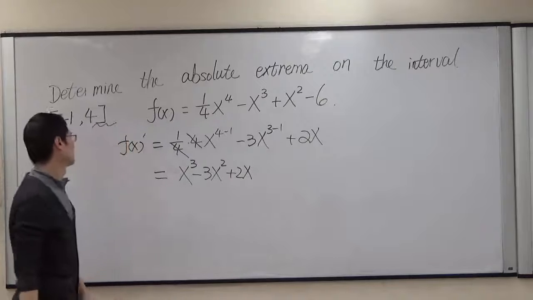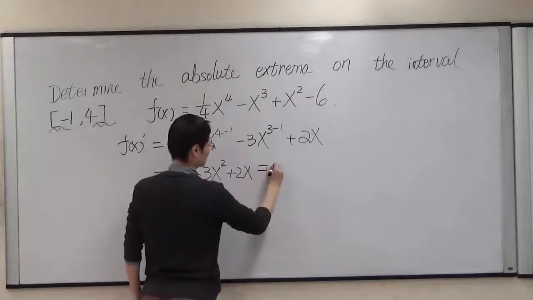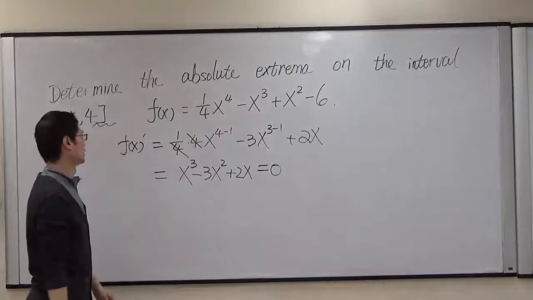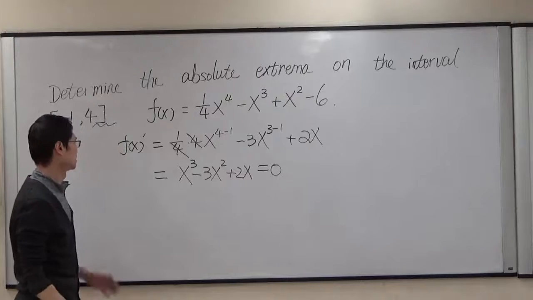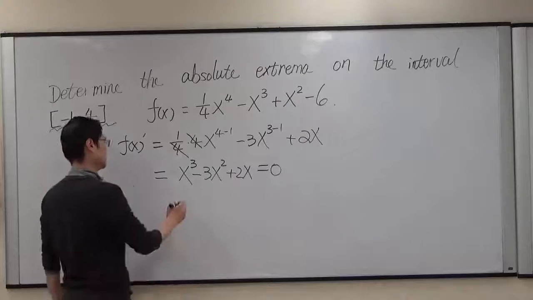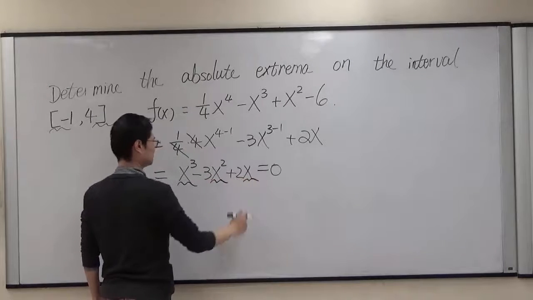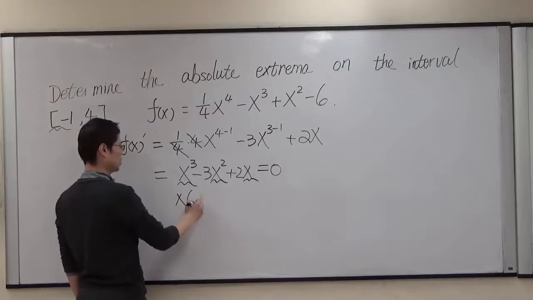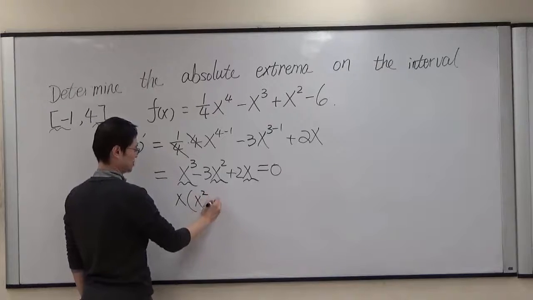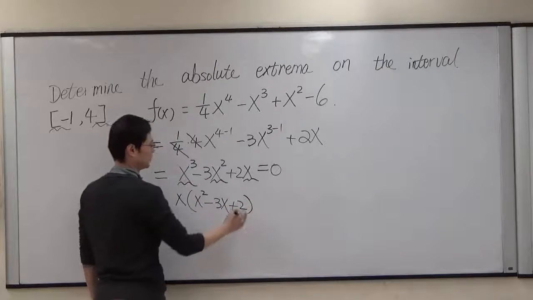In order to get a critical number, we have to set the first derivative equal to 0. So now we have to solve for x for this function right here. Let's do the factoring first. We can see there's x as a common factor. I factor out x, so the remaining will be x squared subtract 3x plus 2 equals 0.